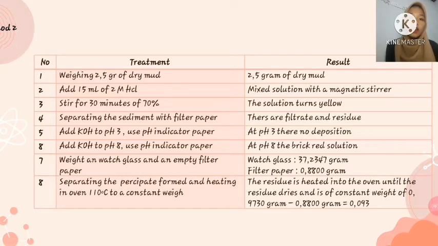Stir for 30 minutes at 70%. The solution turns yellow. Separating the sediment with the filter paper. There are filtrate and the residue.